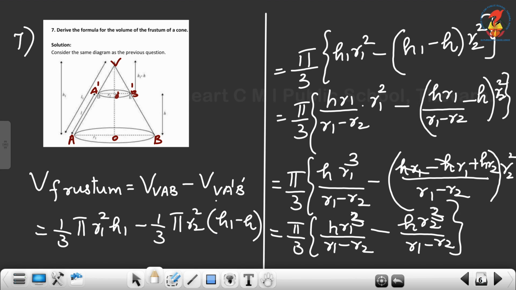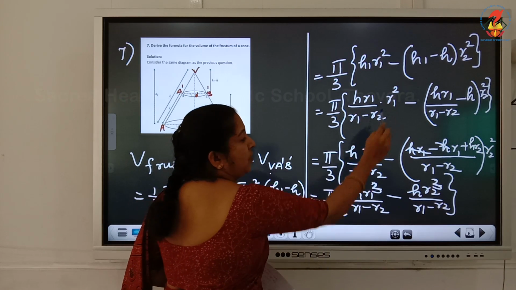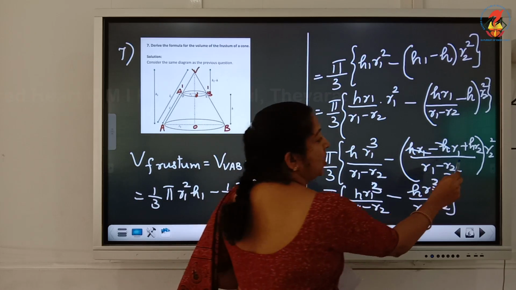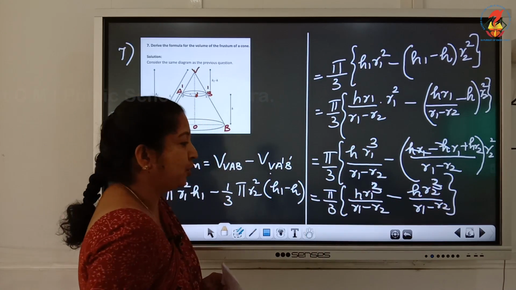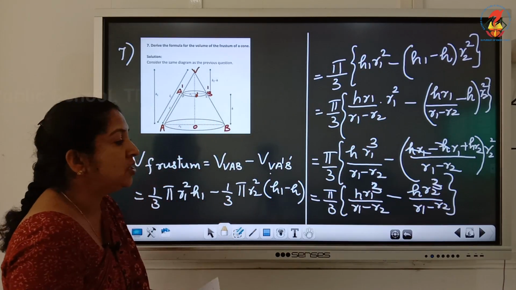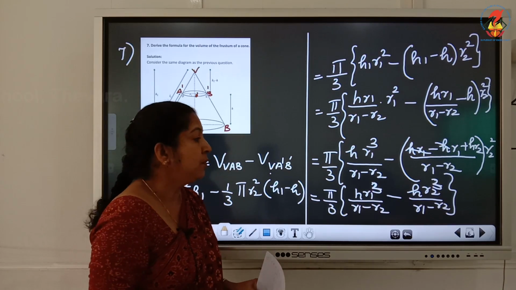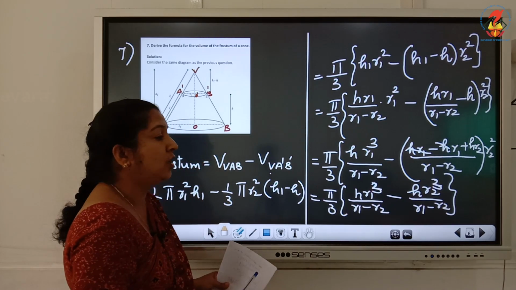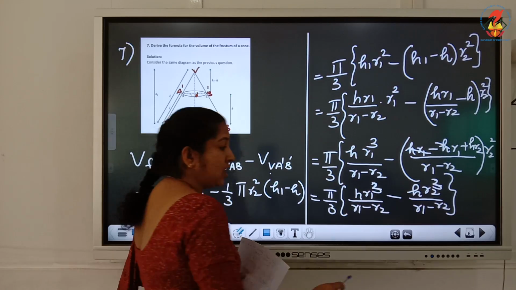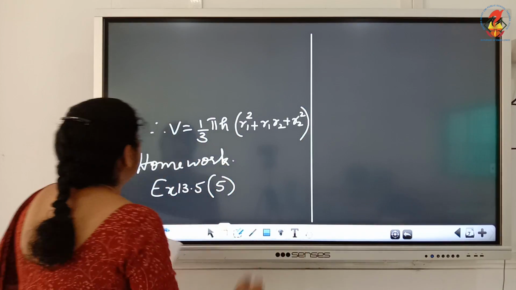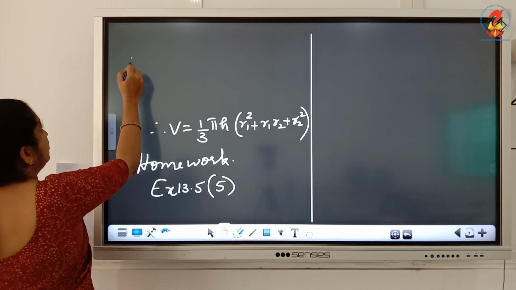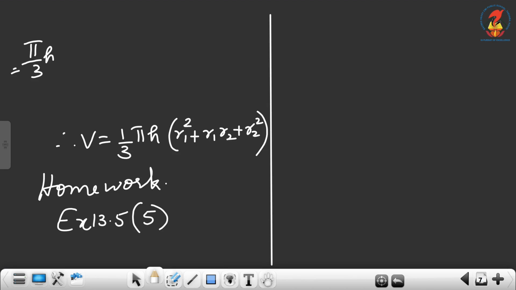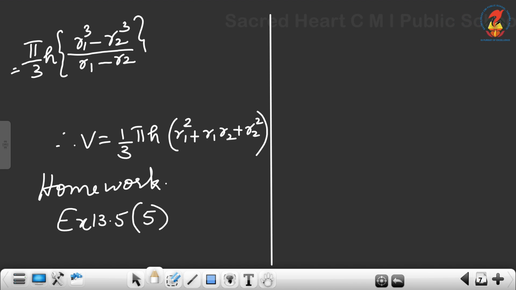I'll explain this once again. R1 into R1 square, R1 cube. Here also R2 into R2 square, R2 cube. So pi by 3 into h R1 cube divided by R1 minus R2 minus h R2 cube divided by R1 minus R2. From here we can write pi by 3 h, you can take out, remaining will be R1 cube minus R2 cube divided by R1 minus R2.